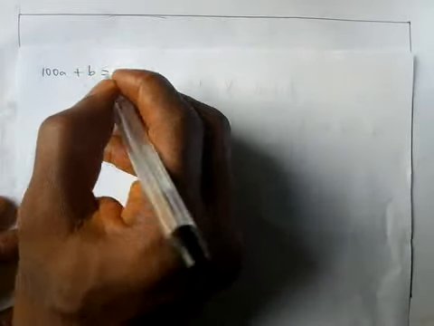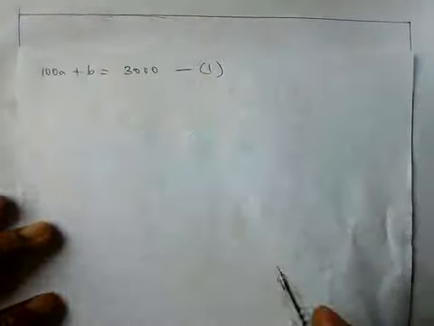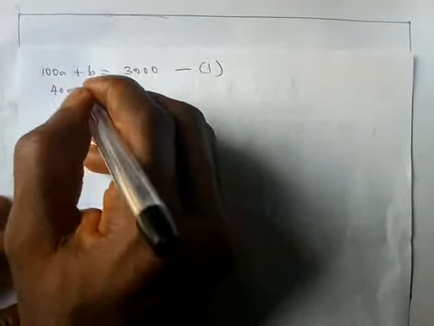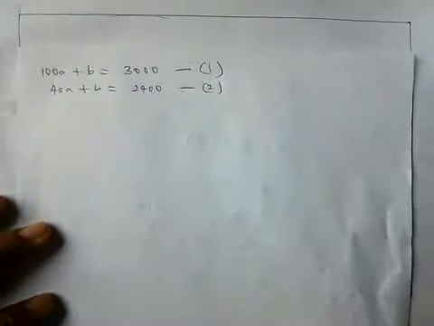Okay, so equation 1 is 100a plus b is equal to 3000, and 40a plus b is equal to 2400, that's equation 2.